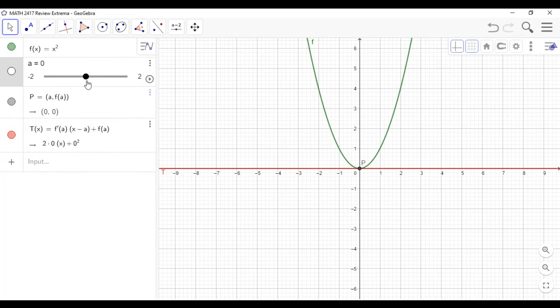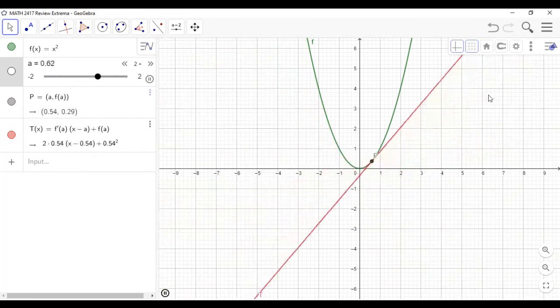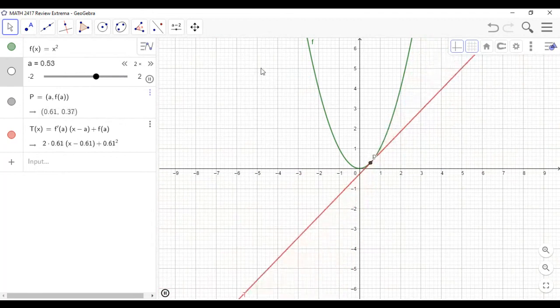The reasoning behind that is, watch what happens in this case when the derivative goes from negative to positive. So you can see our tangent line actually switches from being negative to being positive.